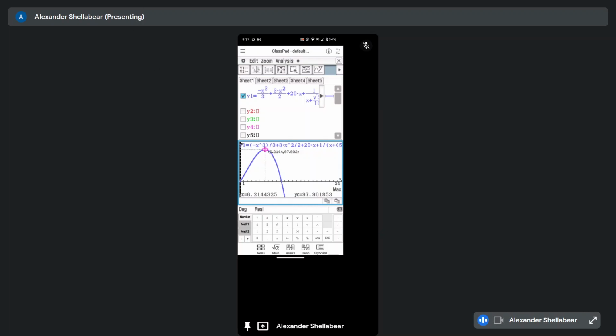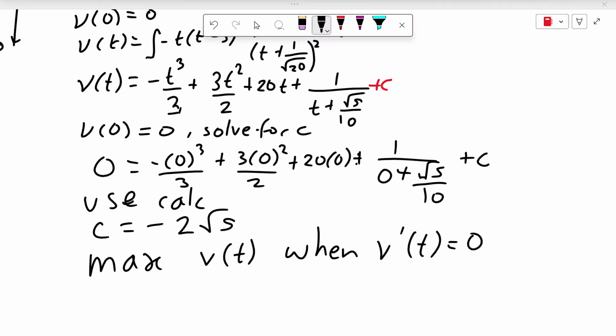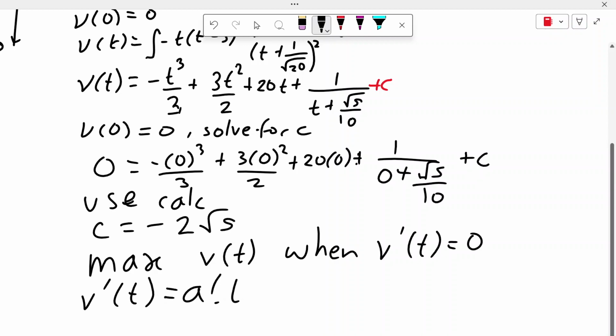All right, so now we need to differentiate it. So we can say that that's when our acceleration is equal to 0. So all of this is equal to that. So we need to solve when does our acceleration equal 0?